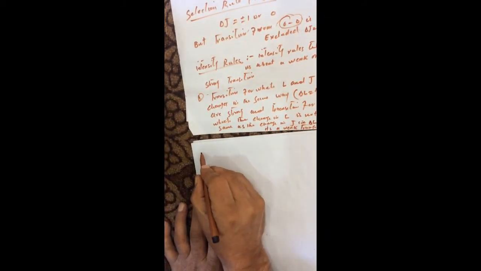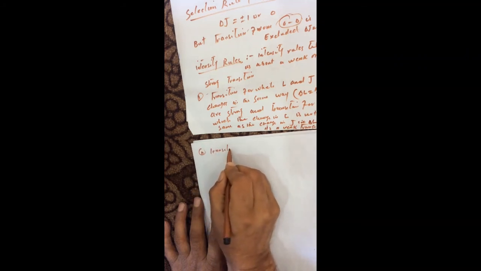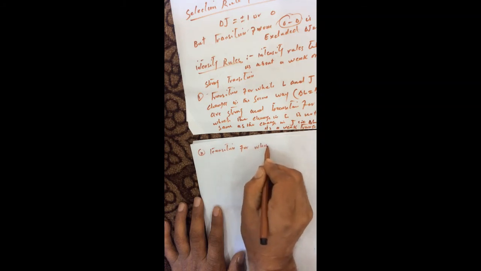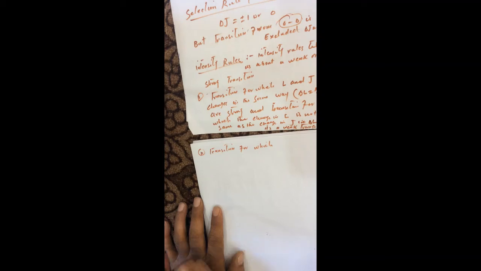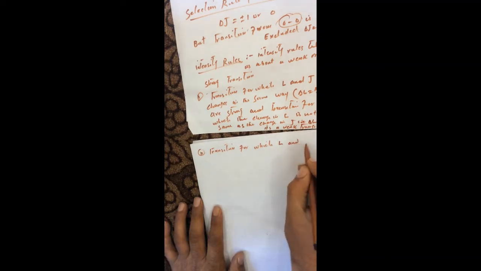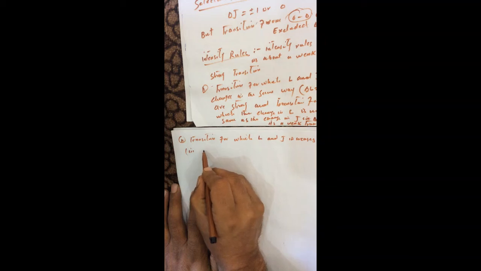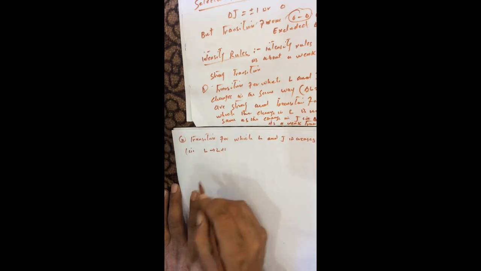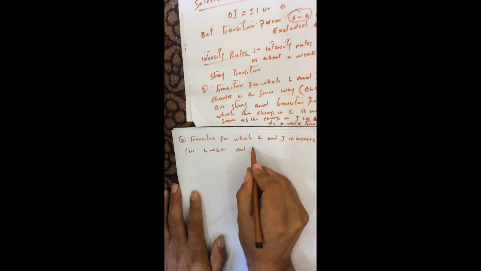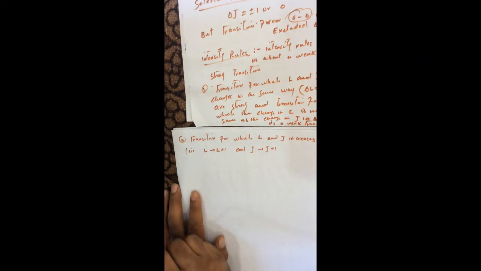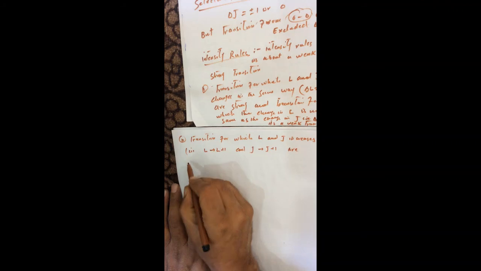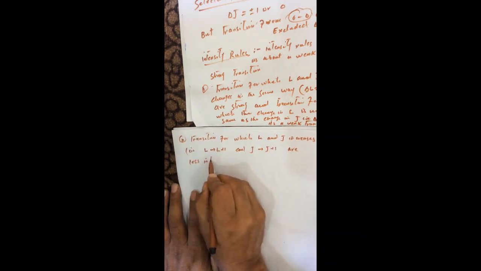Next we have the second intensity rule. Transitions for which L and J increase, that is L goes to L plus 1 and J goes to J plus 1, are less intense.